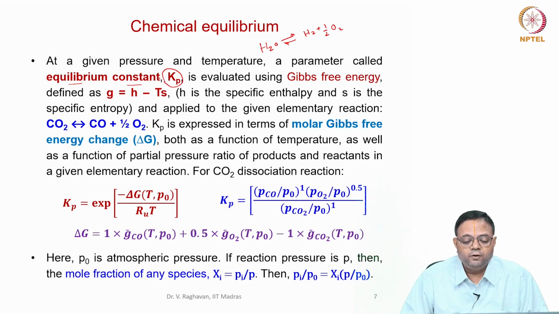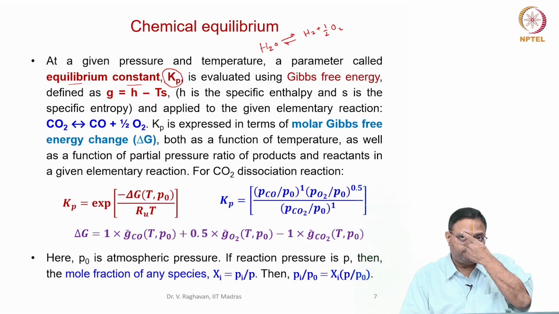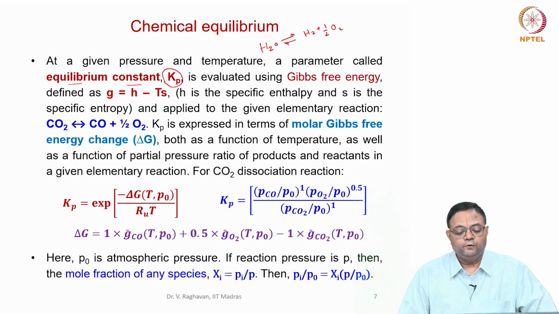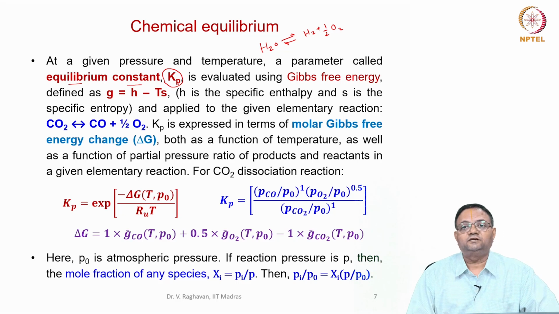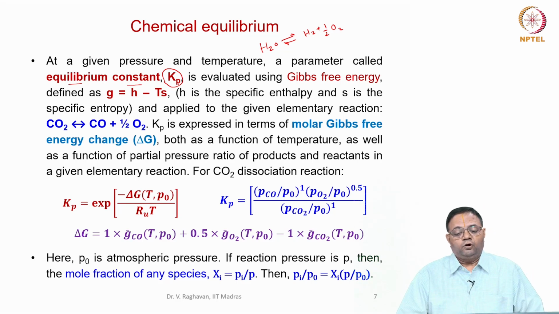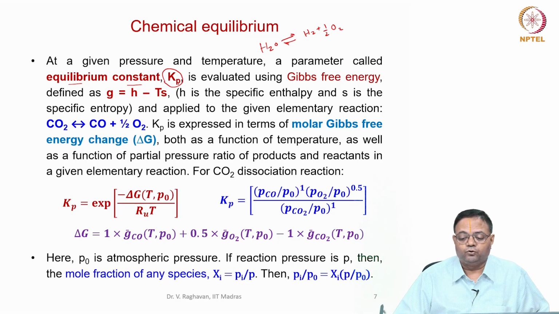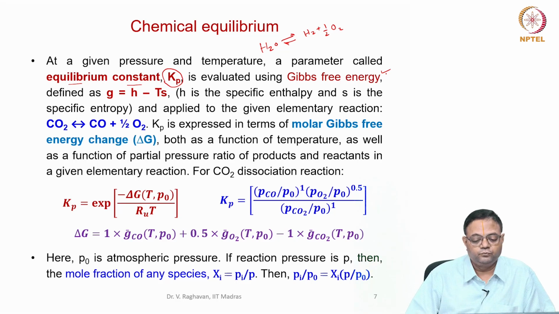The suffix p indicates that this is the equilibrium constant defined with respect to partial pressures. I will tell you about that later. So, Kp is the partial pressure based equilibrium constant. To find this, I need to calculate what is called the Gibbs free energy of all the species, all the components in the mixture.